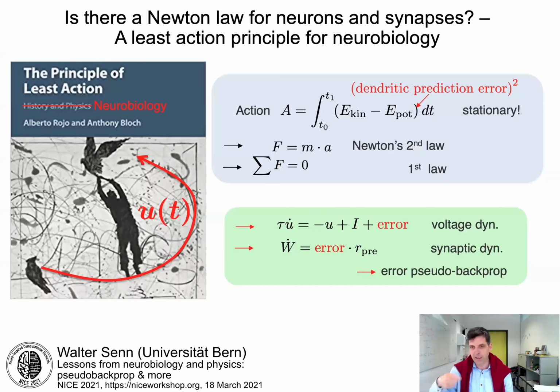And now we can also crank the handle, and we can derive by classical methods the neural dynamics that follows from this. This is the voltage dynamics that has just one additional term, the error, because the error should be locally in a neuron so that synapses can profit from this error and can try to work down that error of their own postsynaptic neurons.